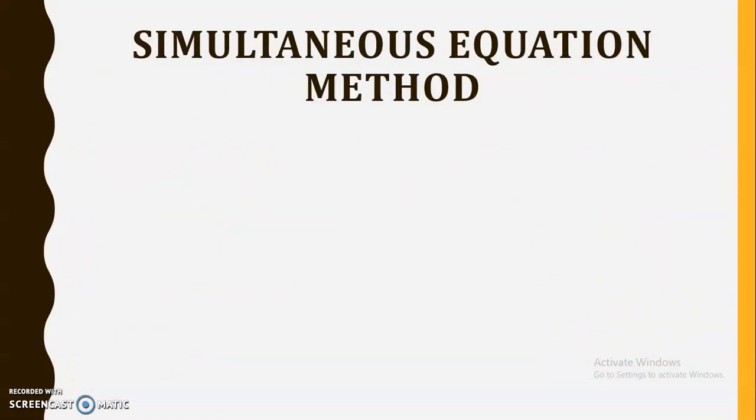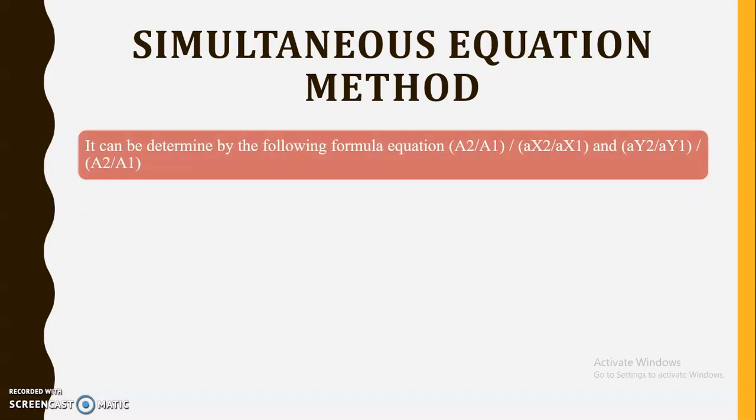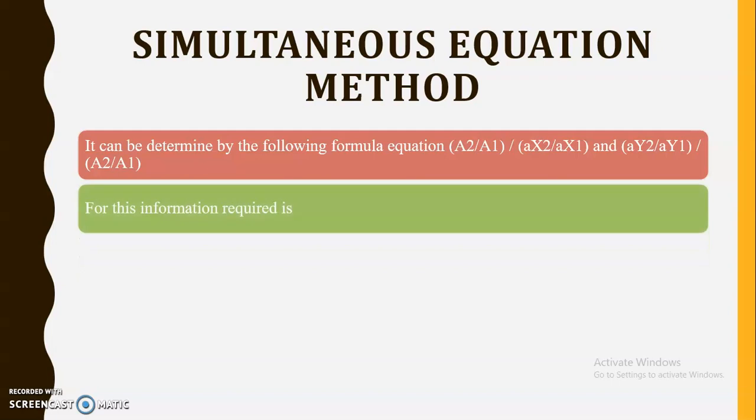Now how are we going to use this simultaneous equation method? For that purpose, we require certain information. It can be determined by the formula A2 upon A1 divided by AX2 divided by AX1 and AY2 divided by AY1 divided by A2 upon A1. What is the meaning of A1, A2, AX2, AY1?